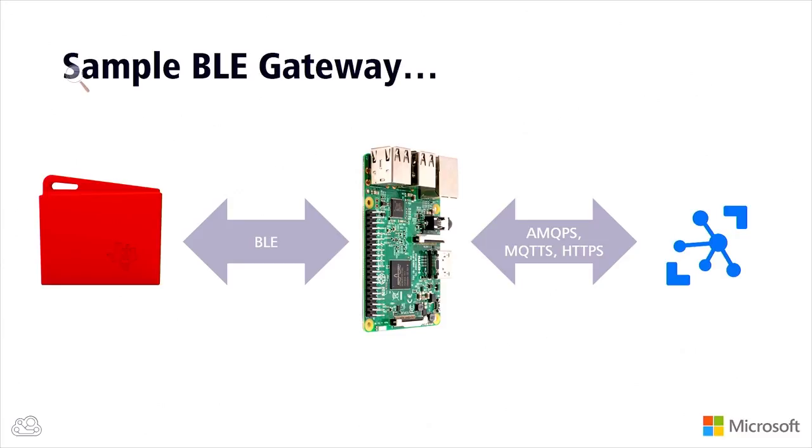But the idea of Bluetooth Low Energy was specifically the low energy part. They wanted to build a wireless communication protocol that didn't require a lot of power from the device itself, so it isn't as heavy a protocol as regular Bluetooth. I don't have to go pair with devices and all that kind of stuff.